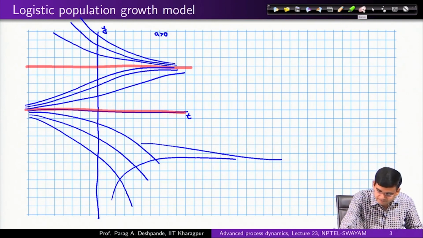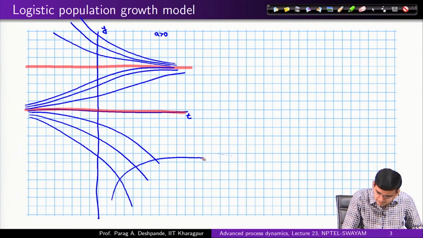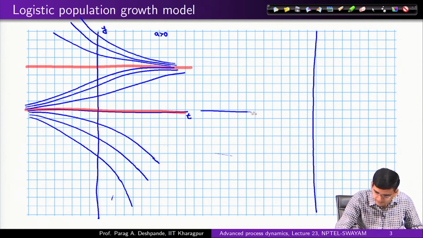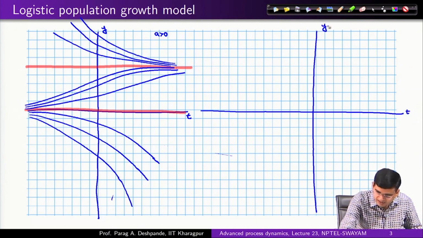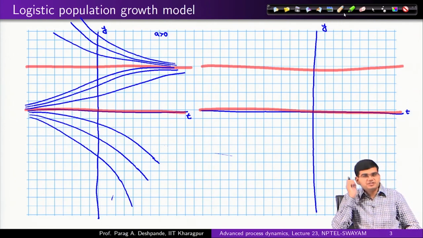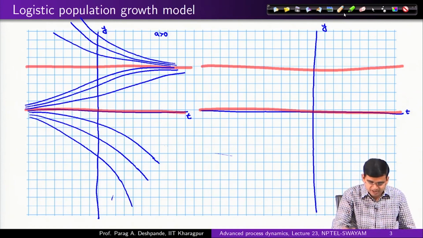So, what I can do is draw another set of phase lines. This is t, this is y, this is one equilibrium solution, this is another equilibrium solution, and the gradients, because a has changed, will become exactly the opposite.